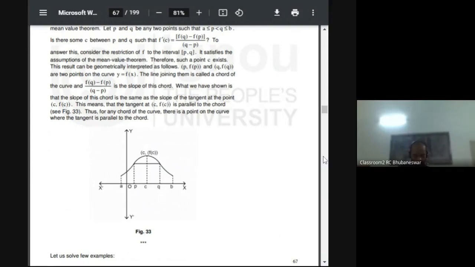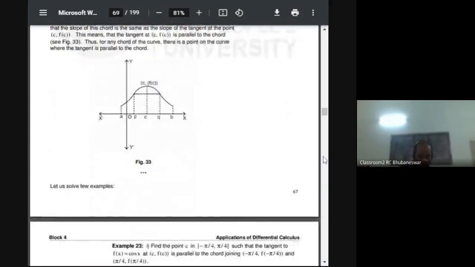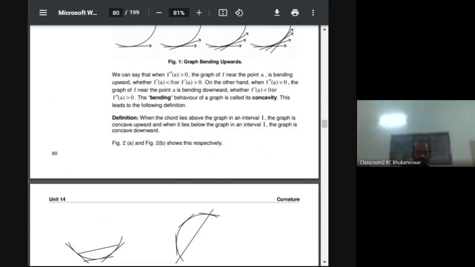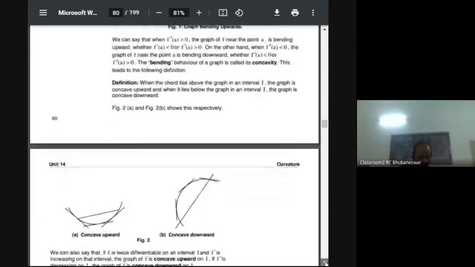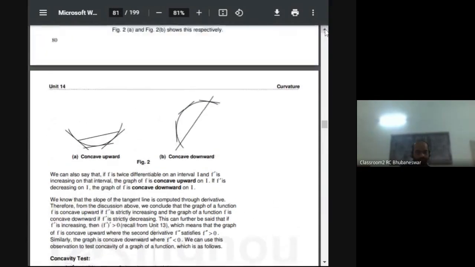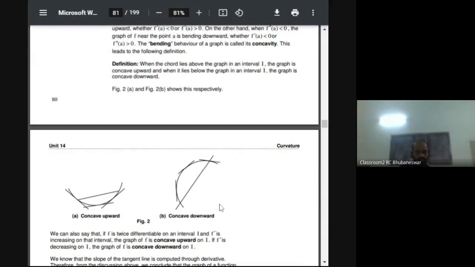So now let us move towards page number 80, and here in page number 80 we have to discuss the concavity of a function. So here in concavity of the function, look at the definition carefully.